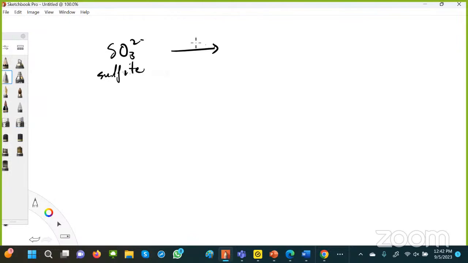All right. And in order to convert this to the corresponding acid, because you have a 2- charge here, you need to add 2 hydrogen ions to it to form H2SO3. So the name of the corresponding acid would be sulfurous acid.